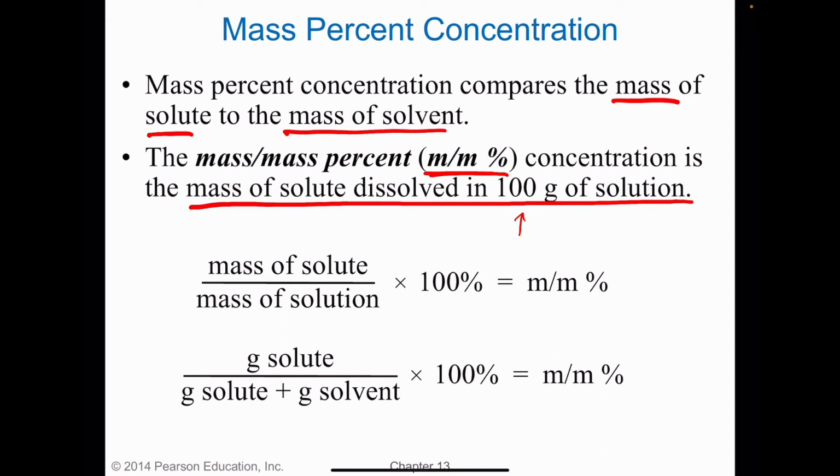So we imagine how much solute per 100 grams of that solution. Our formula is the mass of solute divided by the mass of solution, which, remember, is solute plus solvent. So you need to know the grams of your solute and the grams of your solvent so that you can get the grams of the solution total, and then multiply by 100 to get your mass percent.